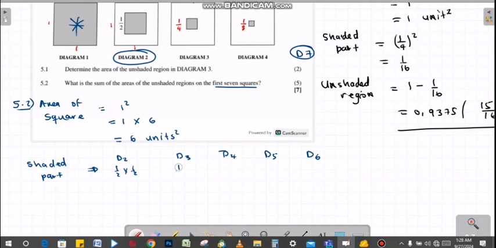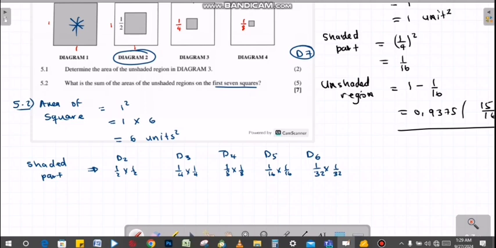Diagram 3, it's 1 over 4 times 1 over 4. Diagram 4, it's 1 over 8 times 1 over 8. Remember they said, how do you get the length of the next diagram? It's half the length of the previous. So what is half of 1 over 8? It's 1 over 16 times 1 over 16. 1 over 32 times 1 over 32.